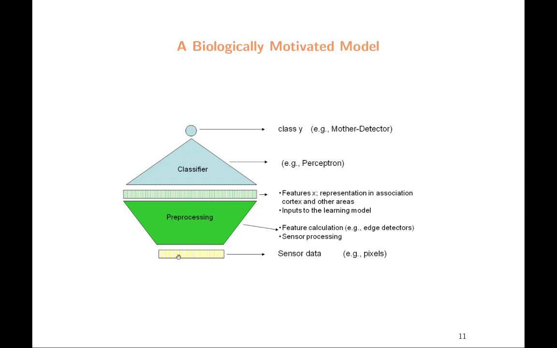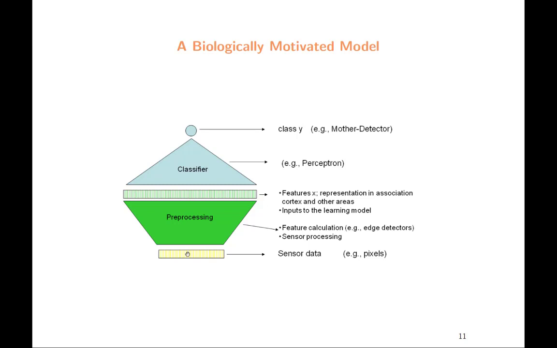This might be a vector of sensor data, for example, pixels in an image. Then we perform some pre-processing, which might calculate some important features from the sensor data. Sometimes we are using the sensor data directly, but sometimes we do some feature calculation, some pre-processing.